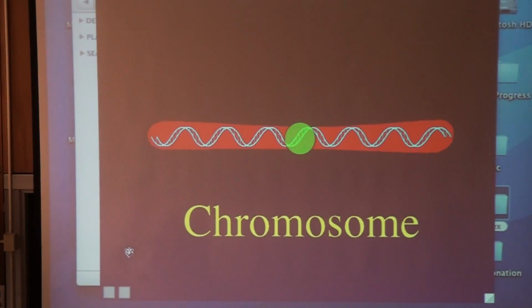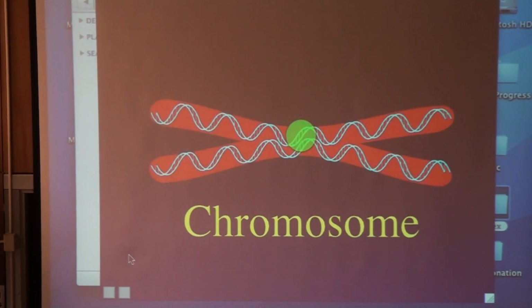Well, before a cell can undergo mitosis, before it can divide, it has to do what's called replicate its DNA. And at a visual level, in other words, if you were looking at the chromosomes, here's what it looks like when a cell has replicated its DNA. Each chromosome goes from looking like this to looking like that.